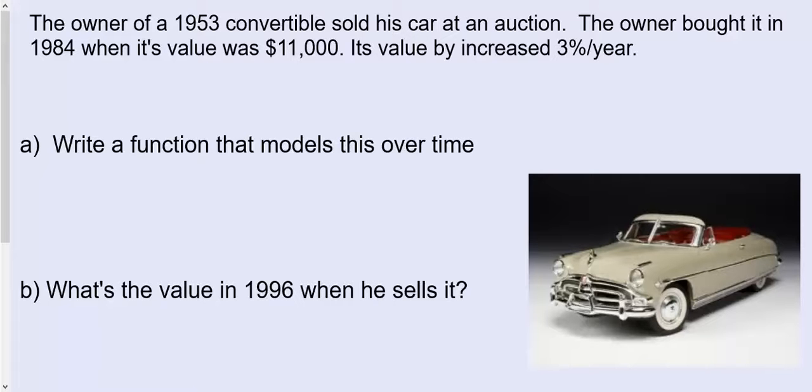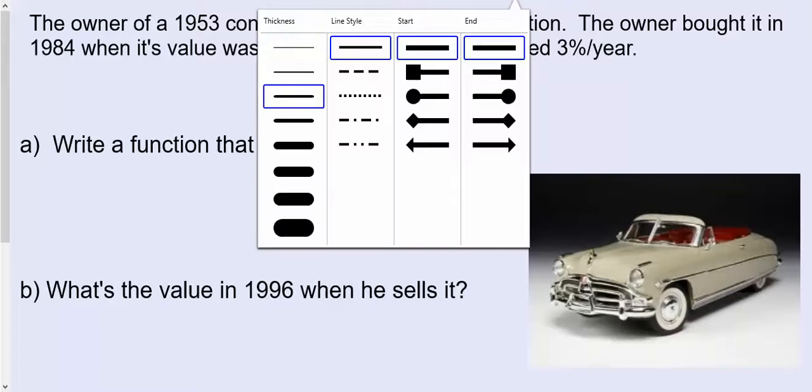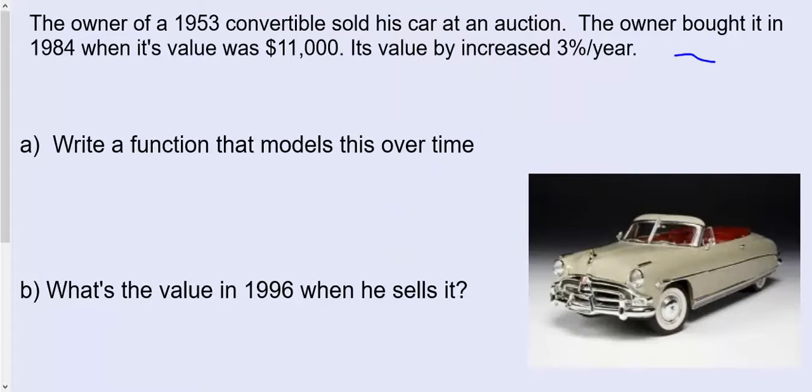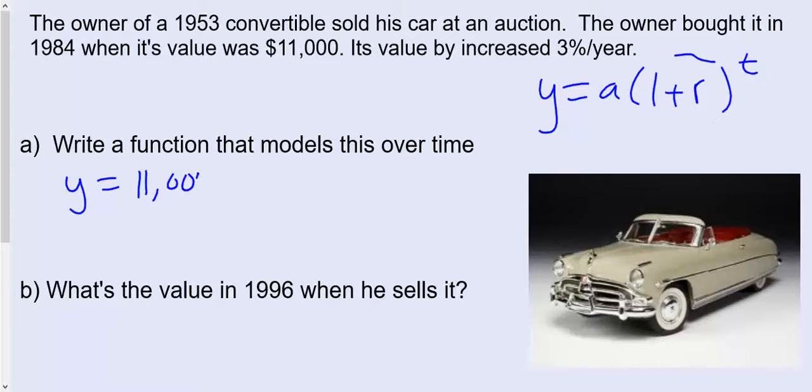So here's what you're going to do. We're going to start with our formula, y equals a times (1 plus r) to the power of t. Okay, we have an initial value, that's our a. So the initial value is $11,000. 1 plus r.